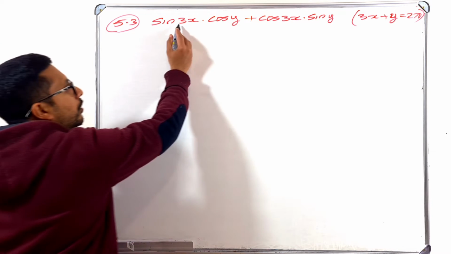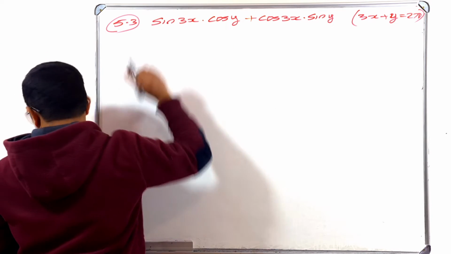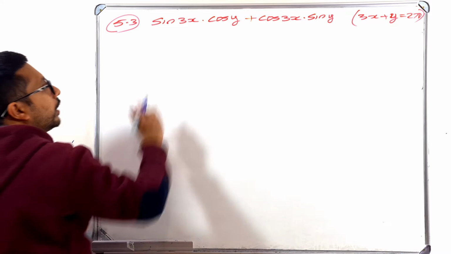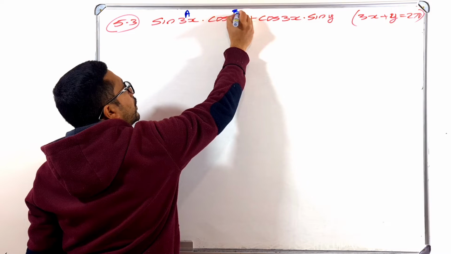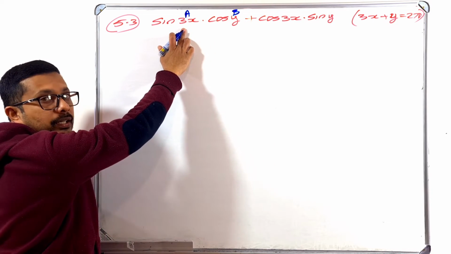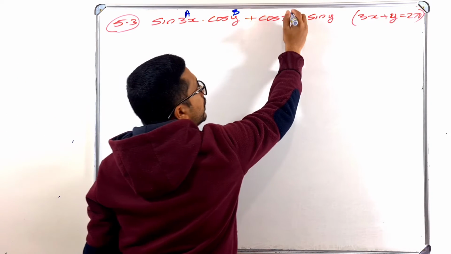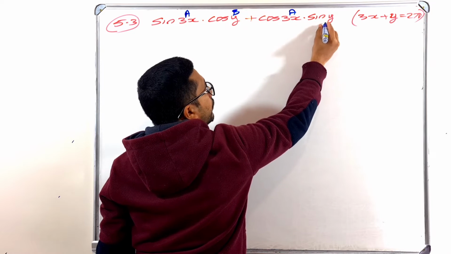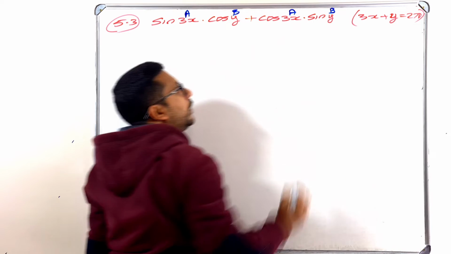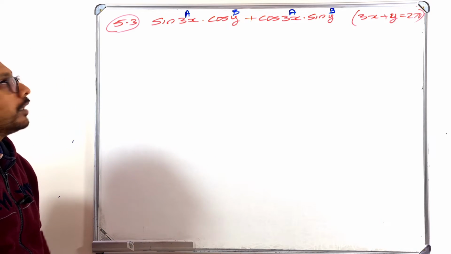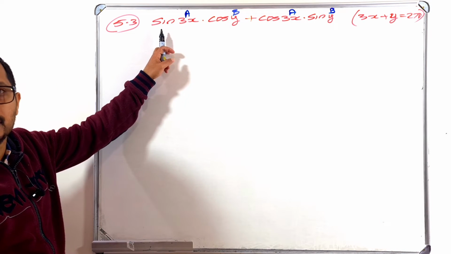Look at this. Instead of 3x, if I call this one a, and this y as b, so 3x is a and y is b, can you read it like that with a and b?